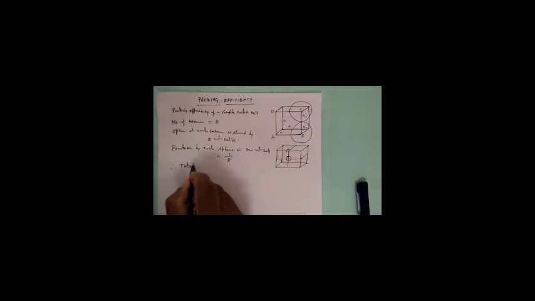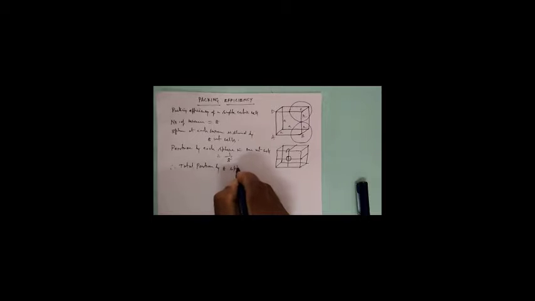Therefore, the total portion contributed by 8 spheres in a unit cell is equal to 8 corners into the portion contributed by each sphere, which is 8 into 1 by 8 equal to 1. Thus, a simple cubic cell has one sphere per unit cell.